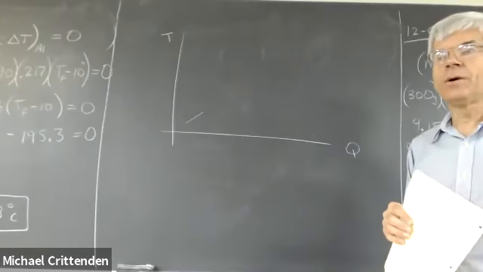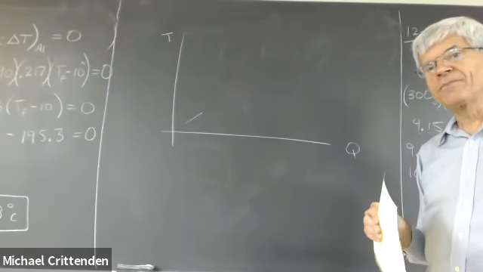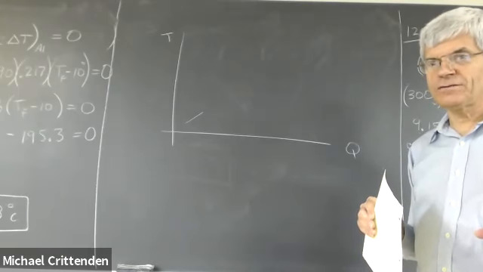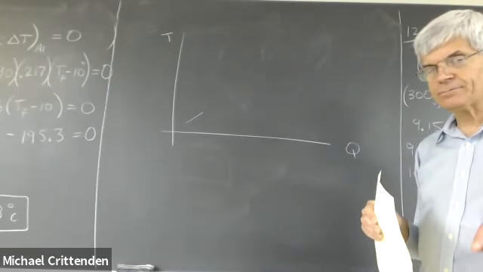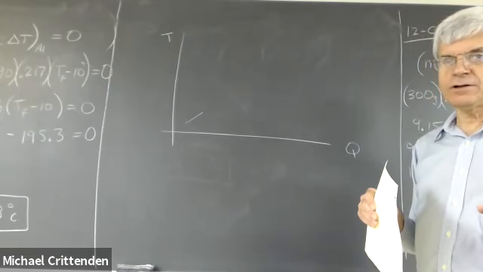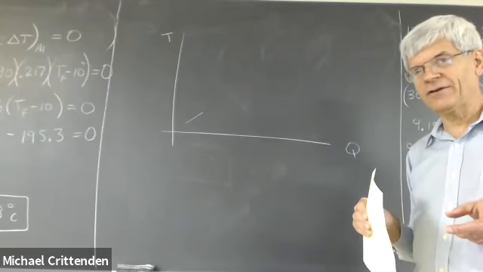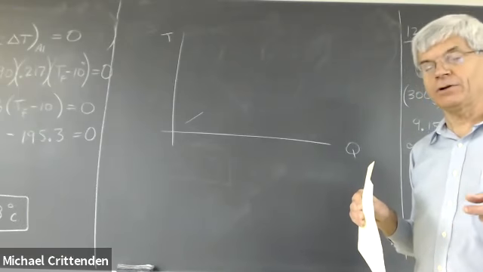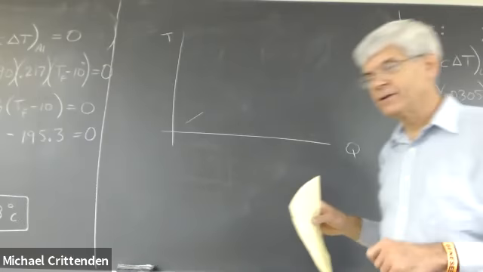Now, actually, if you're working to a high level of precision, specific heats are somewhat of a function of temperature. The specific heat of water when you go from 20 to 21 degrees is not precisely the same as the specific heat when you go from 30 to 31 degrees, for example.